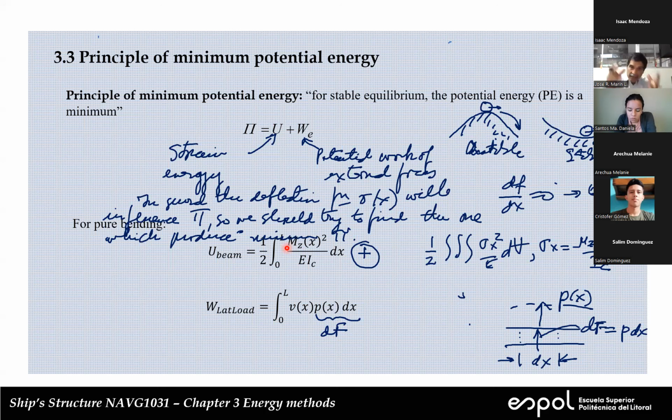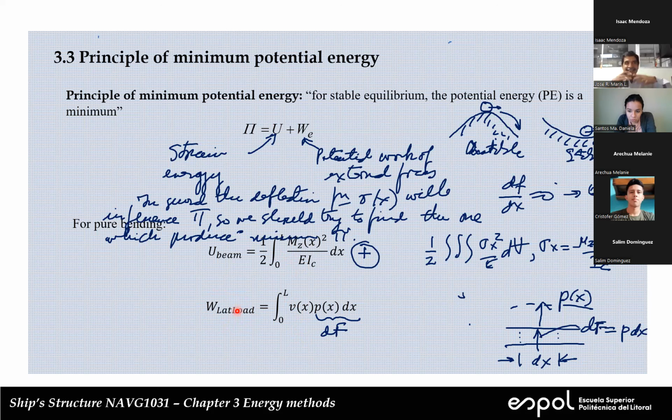And you can, again, differentiate twice, multiply by EI, that's the bending moment, put it into the expression for the U, and you have a value. You can also put the deflection here. You can integrate and have a potential work of this load. And you have a different value of pi, right?